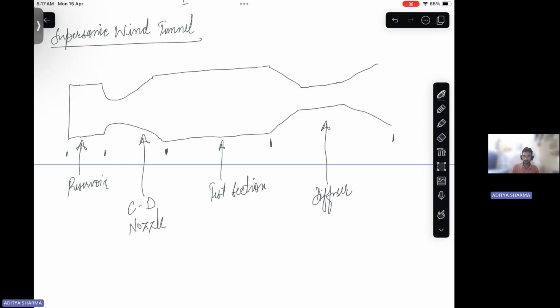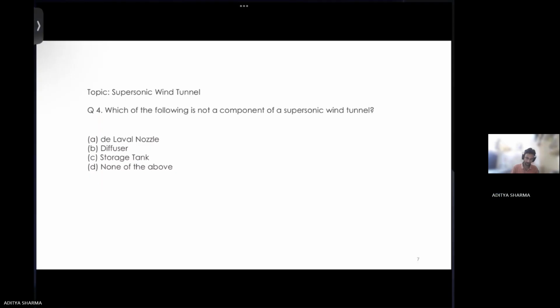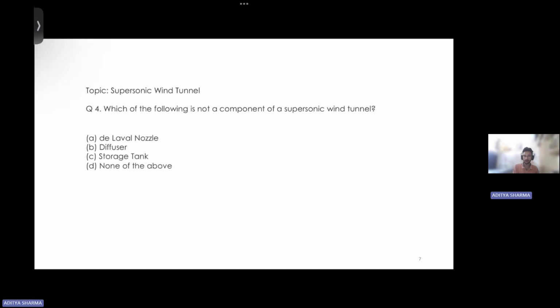And if we see the options, the CD nozzle is essentially the CD nozzle, and then there is a diffuser and supersonic diffuser, right?